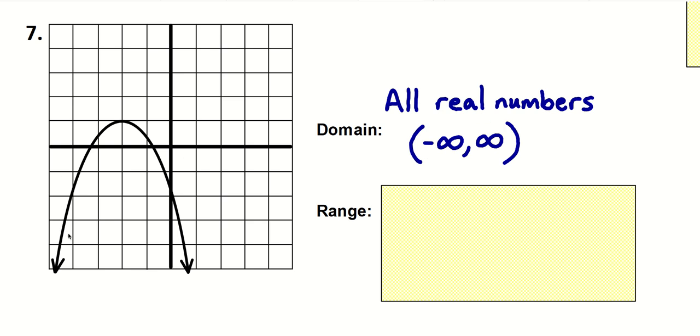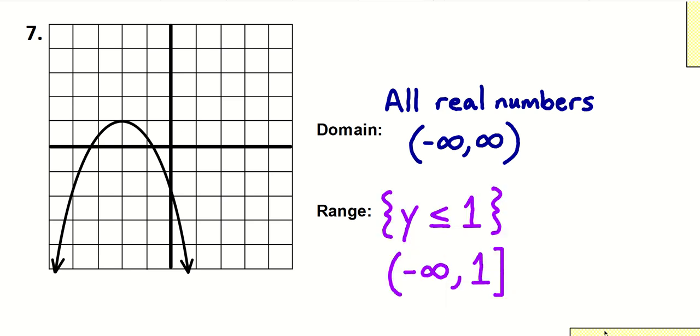So the domain here is going to be all real numbers, but the range, okay, is there a lowest point or will it go down forever? It's going to go down forever. Is there a highest point with a largest y-coordinate? Yeah, right here. It's never going to go any higher than this spot. And what's its y-coordinate? Bam. y equals 1. So that would be from negative infinity to 1.